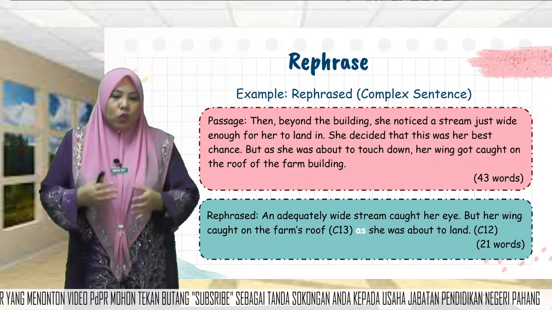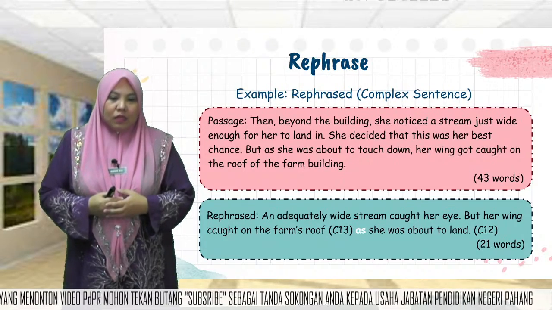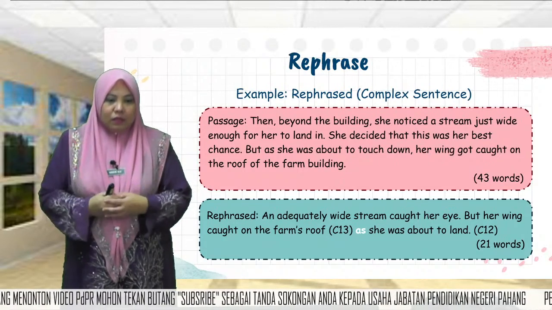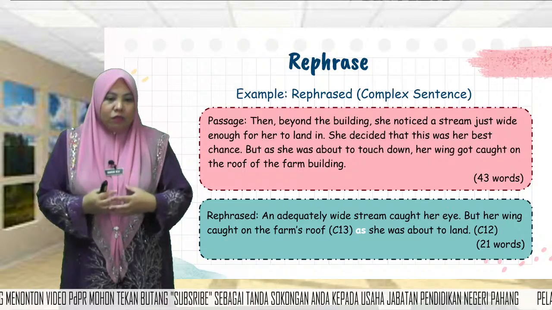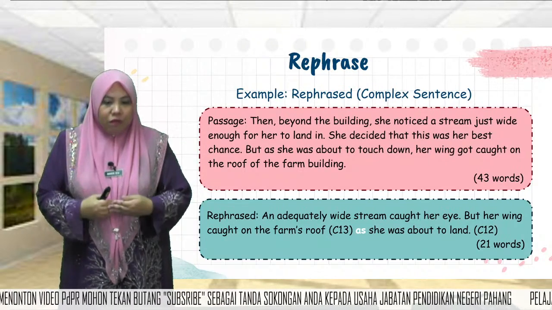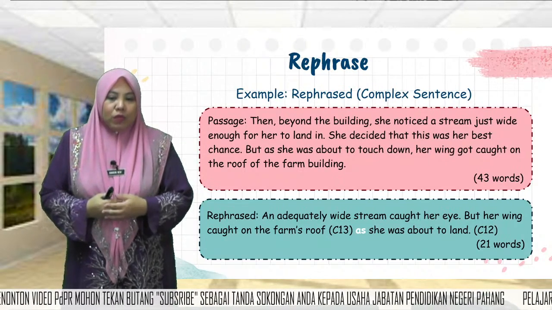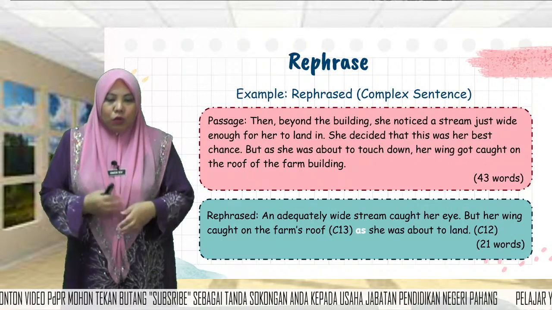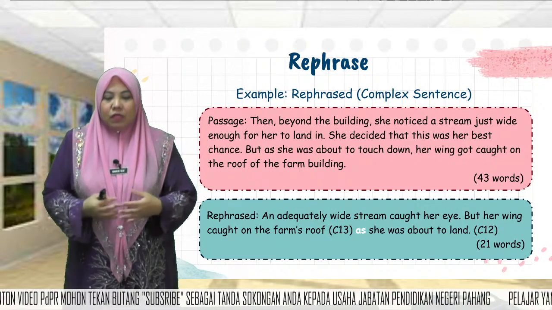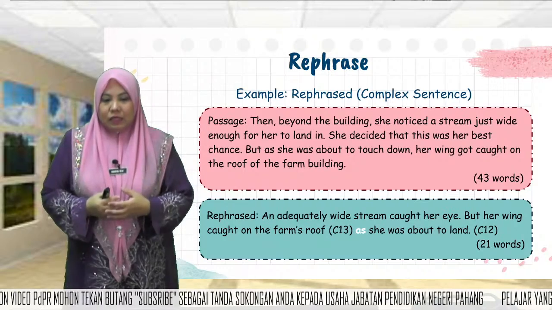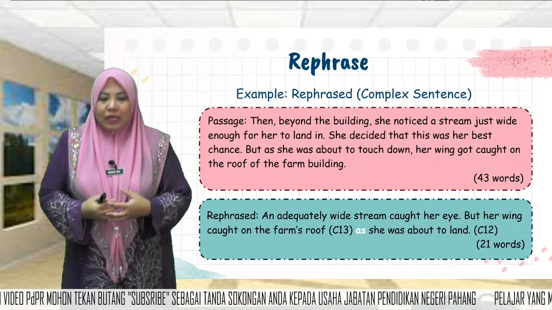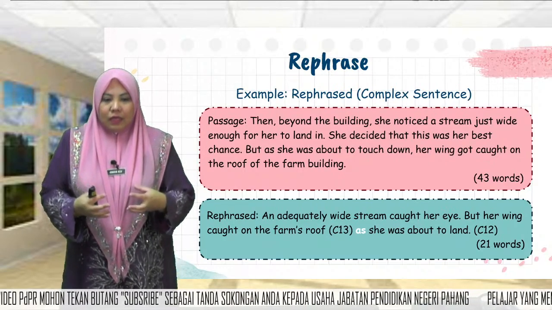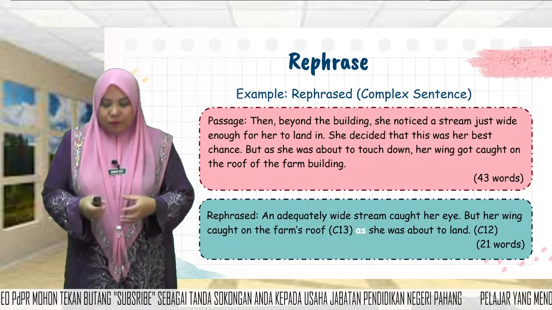So you have two content points in one sentence. So if you look at the comparison, in the passage 43 words, but when you rephrase, it will become 21 words only. Okay, hopefully by now you can see the difference when you rephrase the sentences. But always remember to retain the meaning of that particular point.